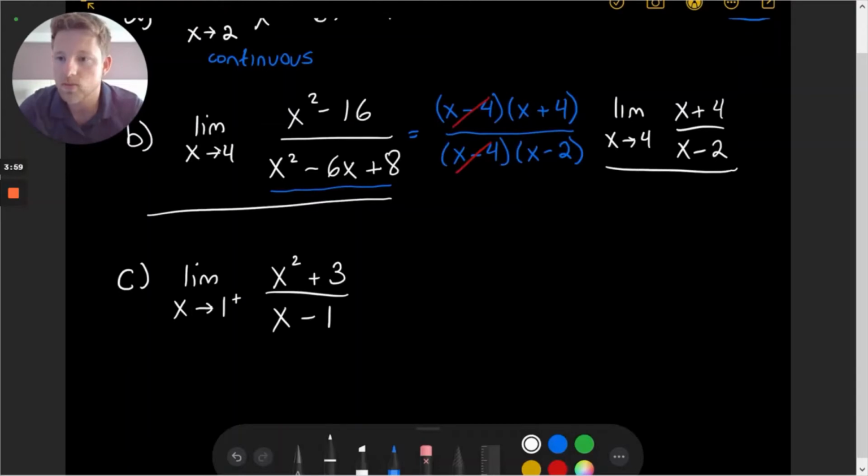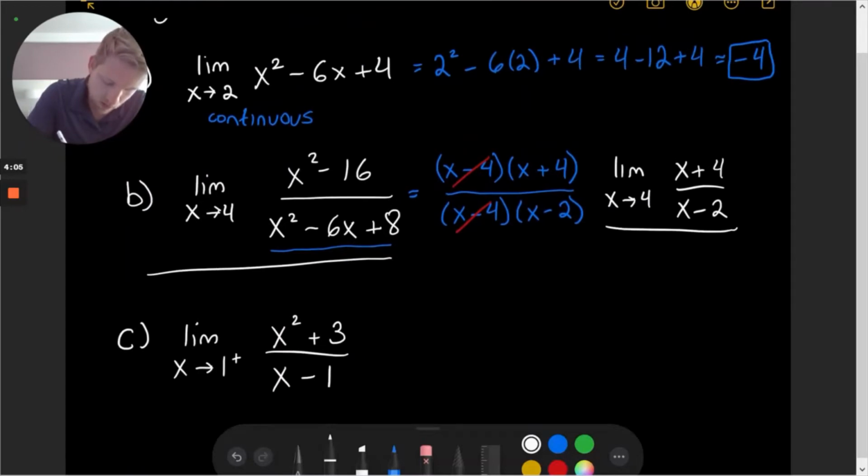Those two limits will actually give us the same result, where x equals 4 was that removable discontinuity. In other words, that represented a hole in the graph of the original function.